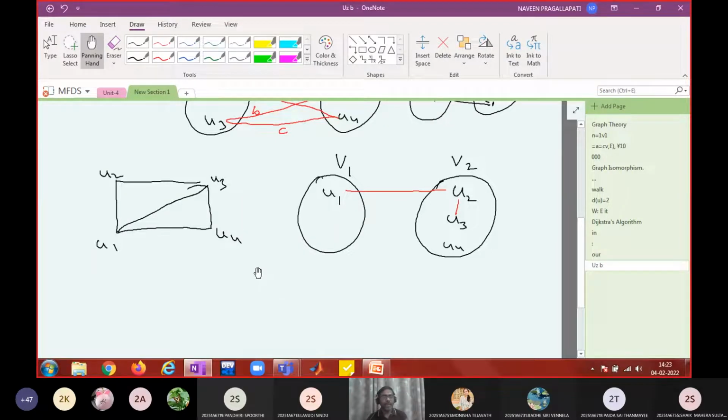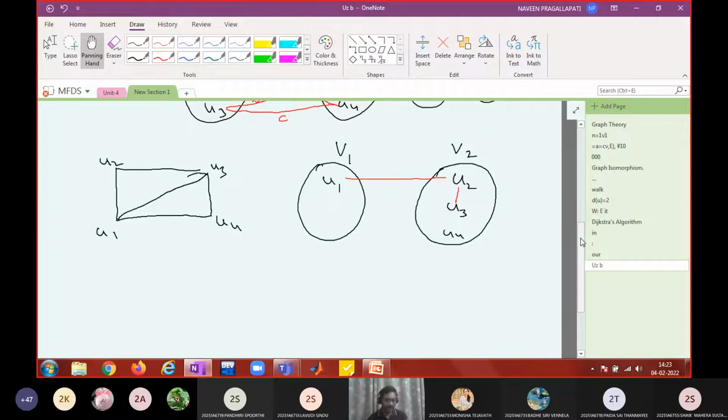Now if I see it like this, you are not able to partition into two sets, because whatever partition you take, there is always a pair of vertices which are adjacent in that partition. So that is not possible.